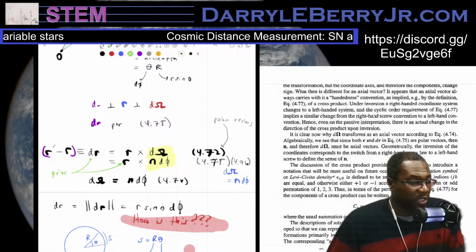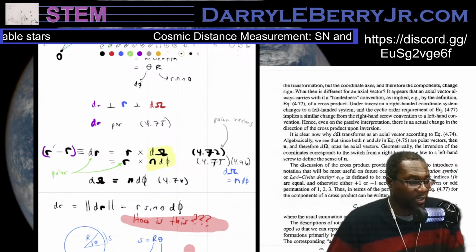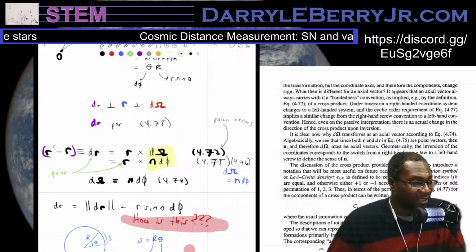The discussion of the cross product provides an opportunity to introduce a notation that will be most useful on future occasions: the permutation symbol, or Levi-Civita density.